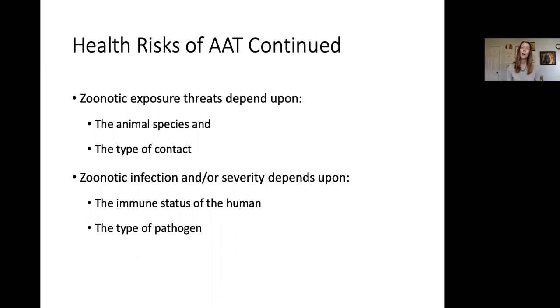So when we are worried about a zoonotic infection or the severity of an infection, we're thinking about the immune status of the person, as well as the virulence, so the type of pathogen that they are being exposed to. And all of this will be important for us to figure out not only how to prevent any kind of exposure or transmission, but also if an infection does occur, we'll be better able to respond to that, whether that's in the human or the animal.